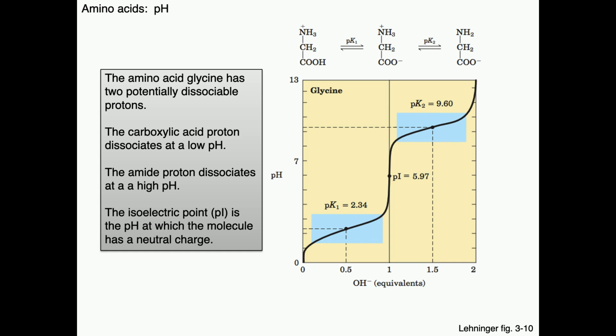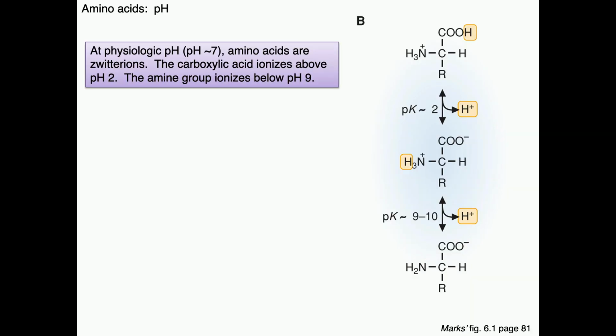In the case of glycine, the simplest amino acid, at a pH of 2.3, 50% of the carboxylic acids will be ionized and 50% will be unionized. That's the definition of the pK. If that ever comes up, I'm not sure if it will. I think the important thing here is to relate this graph with this graph.